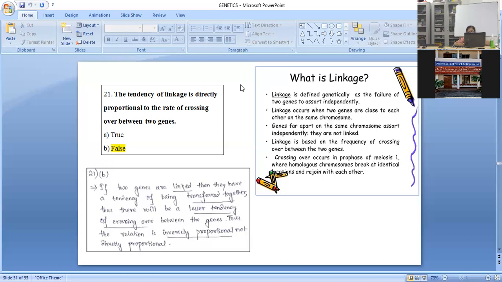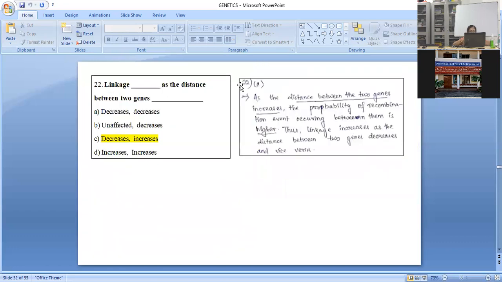Again, which phase of cell cycle crossing over takes place, that also can be a good multiple choice question for students. Again, just the same thing, linkage decreases as the distance between the two genes increases.